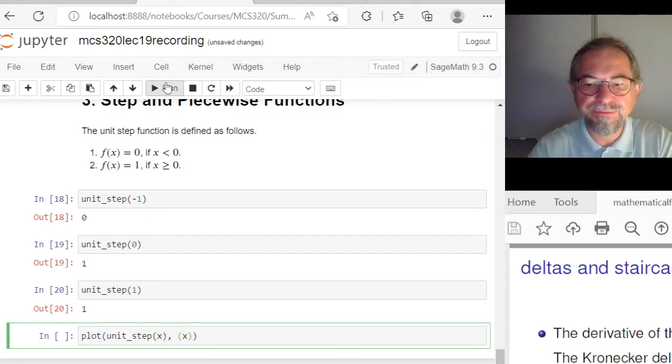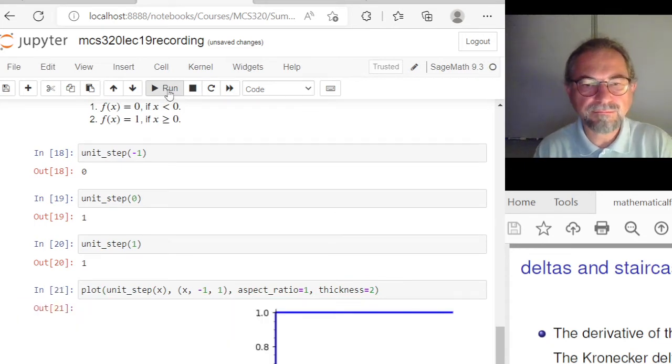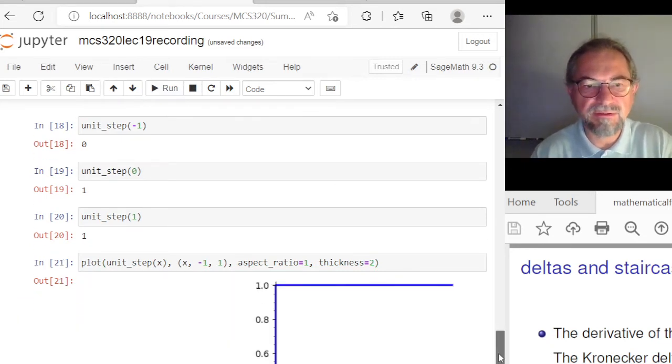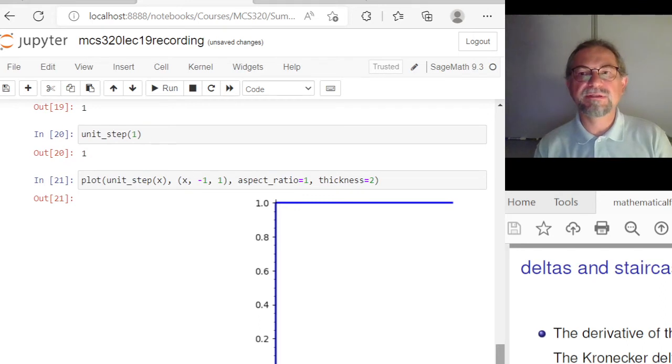I will plot for x in the interval -1 to 1, and I will ask that the aspect ratio is 1. And let's see if I need to increase the thickness. So here we see the unit step function.